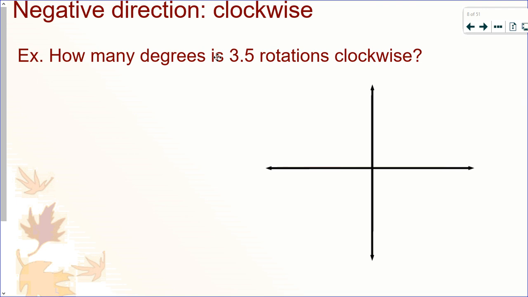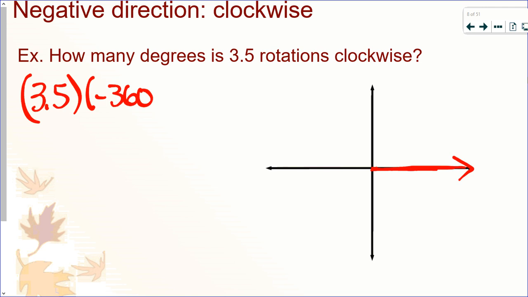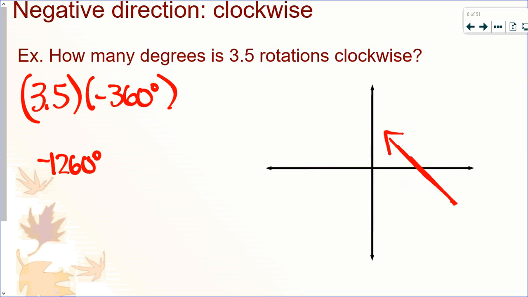So if we look at how many degrees is 3.5 rotations clockwise, clockwise is the negative rotation. So to find how many degrees it is, I can just take 3.5 times negative 360 because I'm rotating in the negative direction. So doing that multiplication, that's going to be negative 1260. So if I actually do it, oh, that doesn't work.